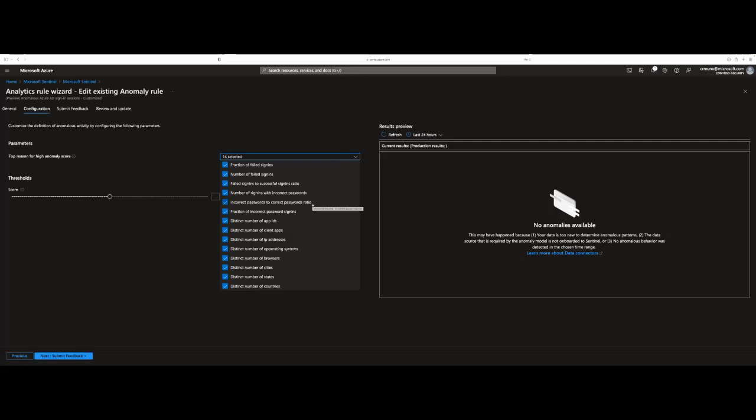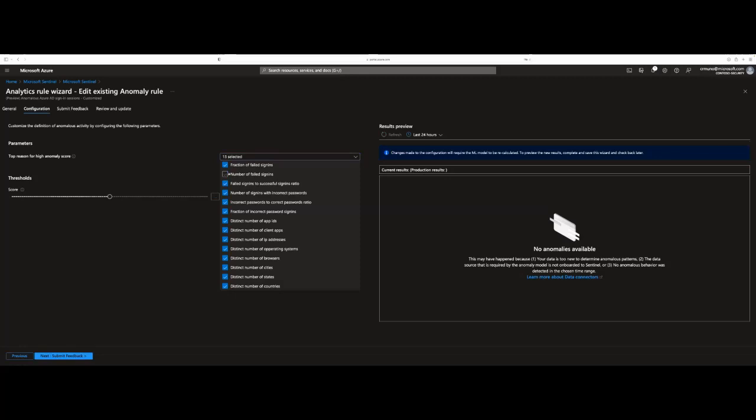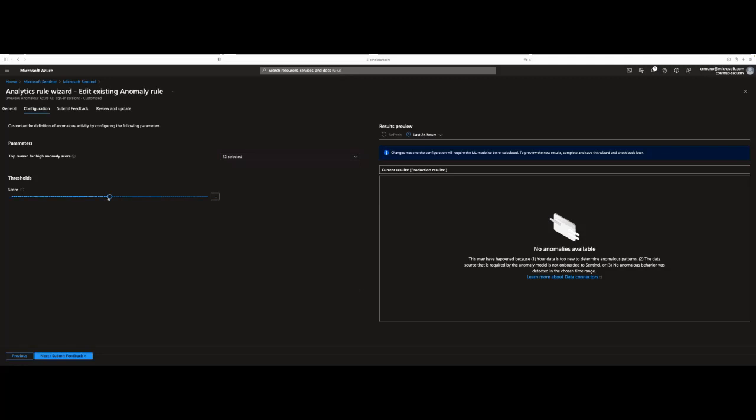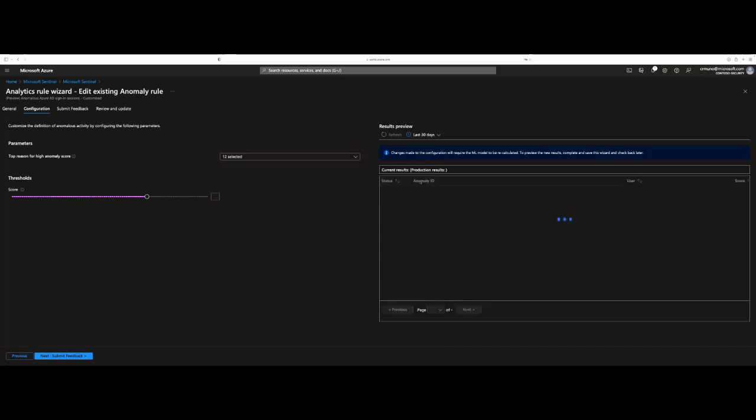So let's say, for example, I do not want Microsoft Sentinel to take into account the number of failed sign-ins or the distinct number of states. I can configure it, and then on top of that, I can also modify my threshold. Here under the results preview, I can actually get an estimate of what the difference would be if I make this modification within the last 30 days. And if you have any sort of results, it will also show up here.